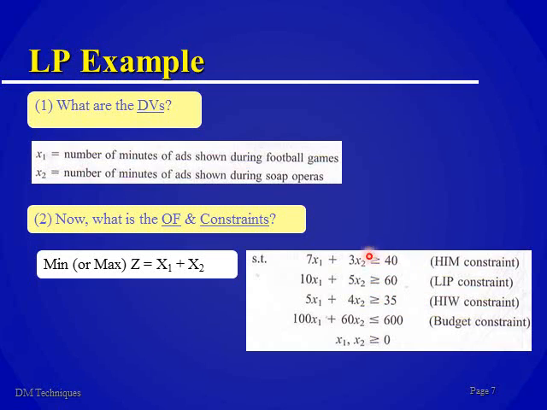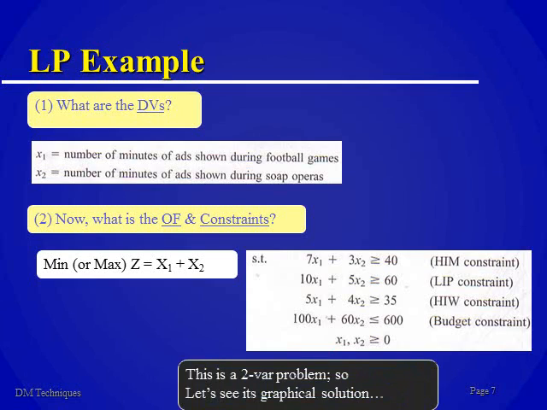It must be seen by at least that many, which is why we see these greater-than-or-equal constraints. And the total budget must not exceed $600,000. And of course, we have our non-negativity constraints. Now, this is a two-variable problem, so we can solve it graphically. Let's look at the graphical solution so that we can start thinking about a goal programming formulation for this.